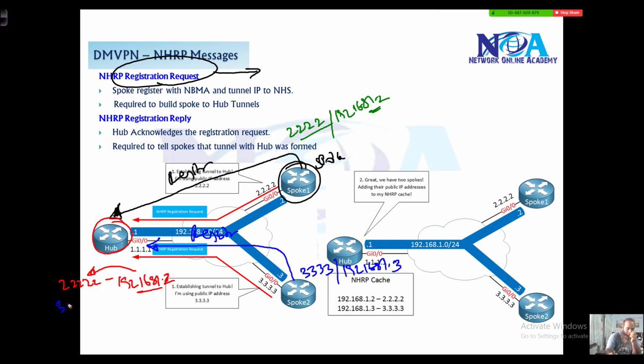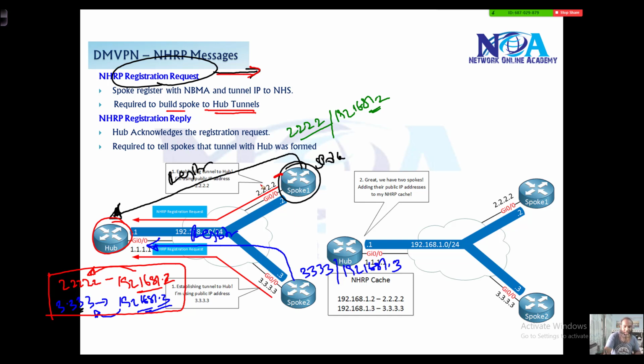So the hub will come to know that if the next hop is 1.3, then the public IP reachable for this particular tunnel IP is going to be 3.3.3.3. So basically the spokes send out registration request messages, which are required to build the tunnels from spoke to hub.